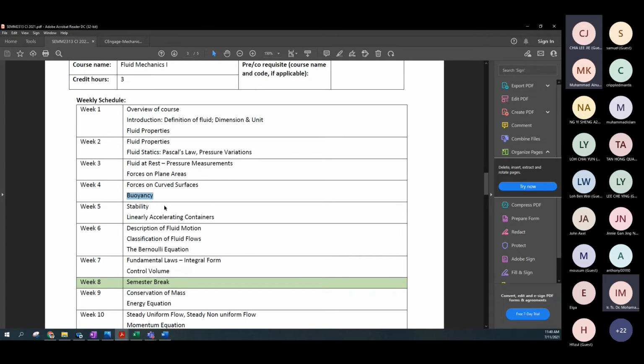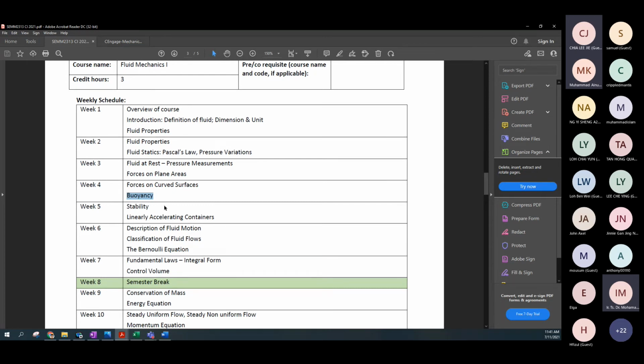In today's lecture, you learned about stability and linearly accelerating containers. To know the stability, you must calculate GM, the metacentric height. If the metacentric height is negative, it is unstable. So remember the equation for stability: metacentric height GM equals the second moment of area divided by the displaced volume, minus CG, the distance from the centroid of the displaced volume to the center of gravity.